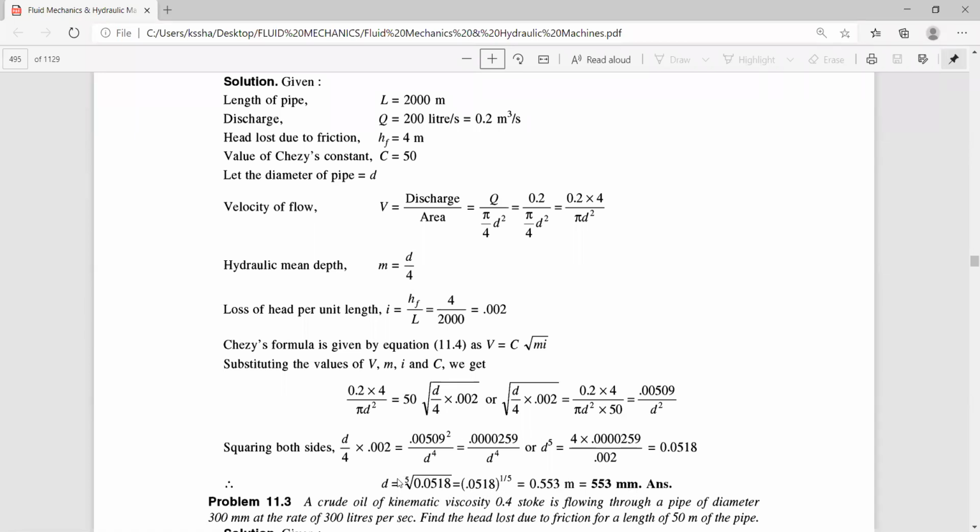So the diameter is 0.0518 raised to 1 by 5, in order to cancel the power of 5. So it becomes 0.553 meter, or if you convert this to mm, it comes out to be 553 mm. So this is your final answer. I hope it is clear to you.